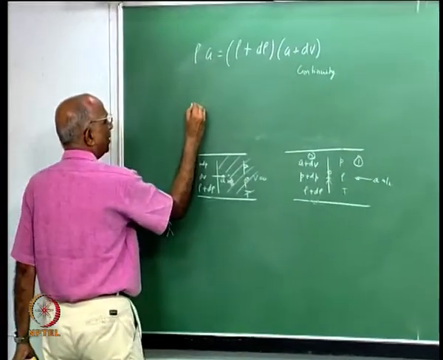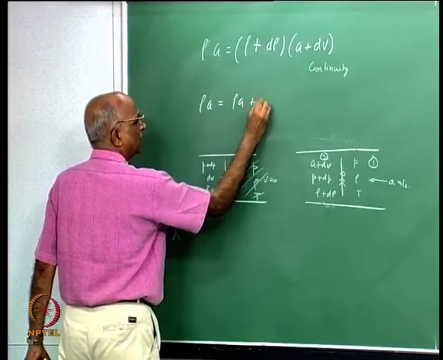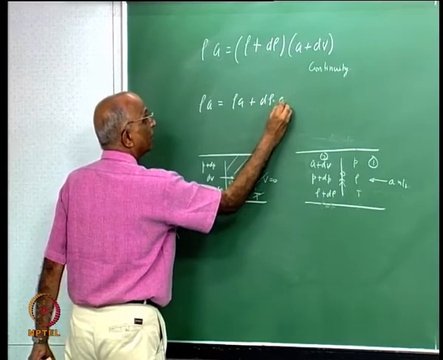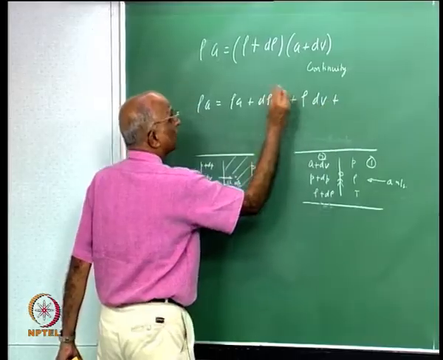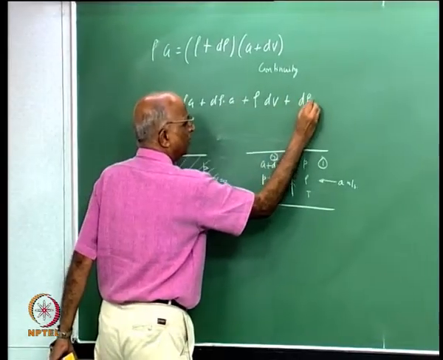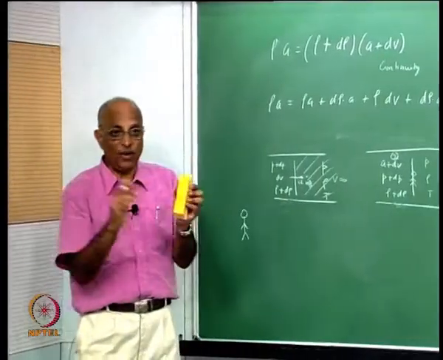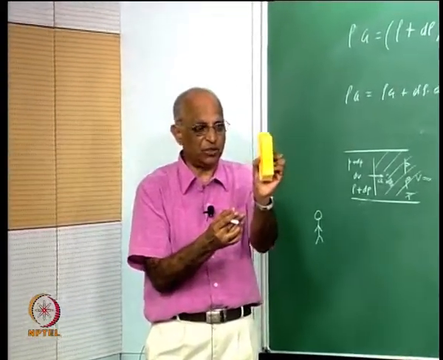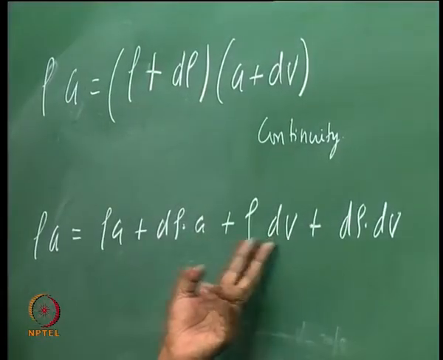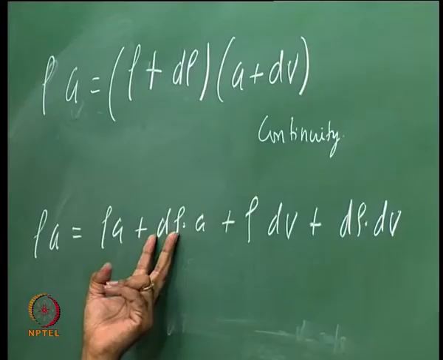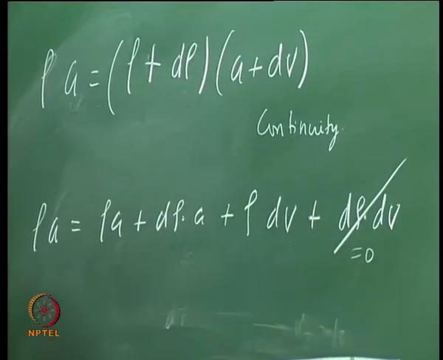Let us simplify it. I have rho a is equal to rho a plus d rho into a plus rho into dV plus d rho into dV. But mind you, we are talking of a sound wave travelling at a speed a meters per second. We also know that the pressure perturbations are small, dV is small, the density perturbation d rho is small, therefore for all practical purposes I can say this last term is equal to 0.